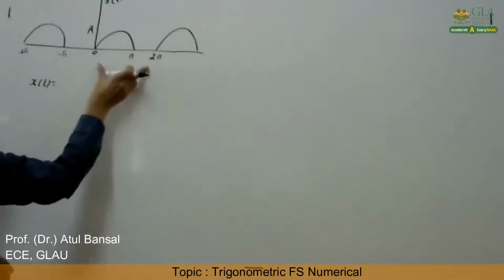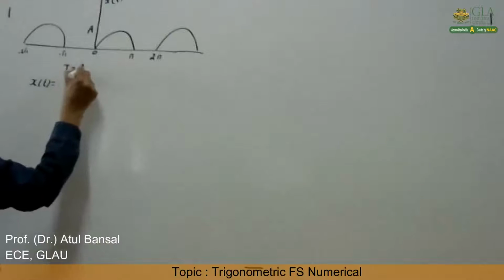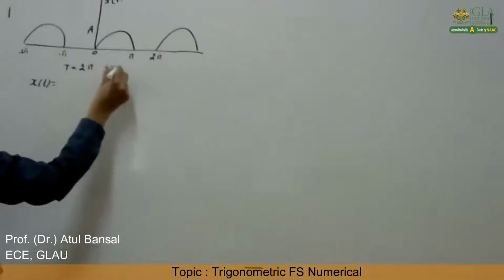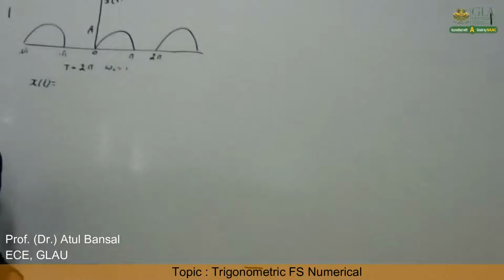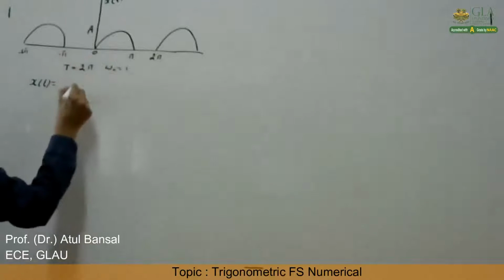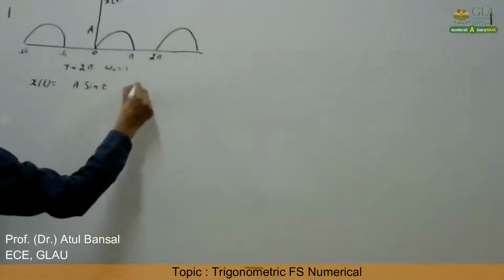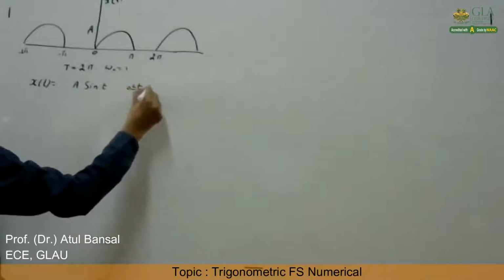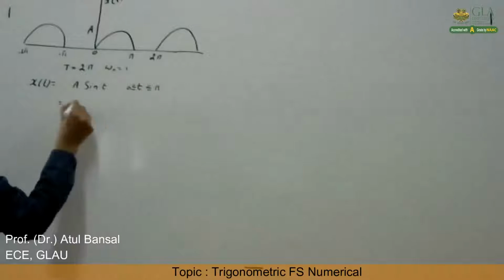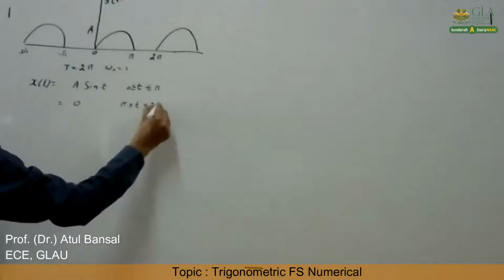So its time period T is 2 pi, and omega naught would be 1, 2 pi by T. So x(t) would come out to be, if amplitude is A, A sin t for t from 0 to pi, and it would be 0 from pi to 2 pi.